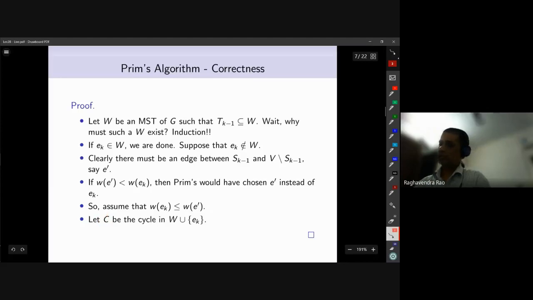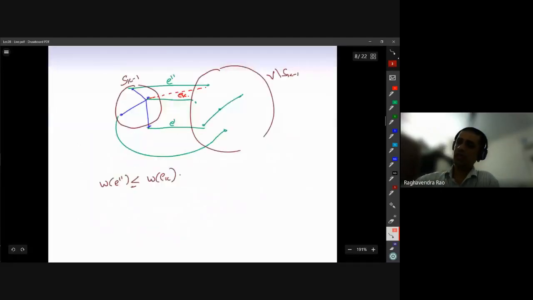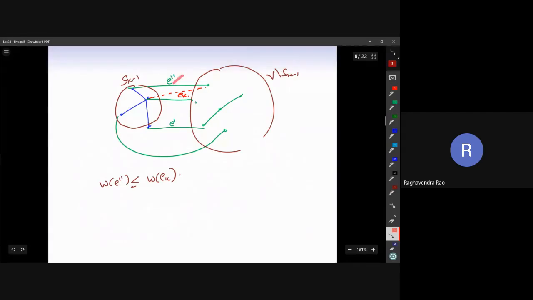So we know that the cycle has to go back and forth. Because it's using ek, it has to come back to this component sk minus 1. So that means it will be using some edge, and by the choice made by Prim's algorithm, this edge used by the cycle will be of smaller weight. So you can always remove it so that we still have a spanning tree.